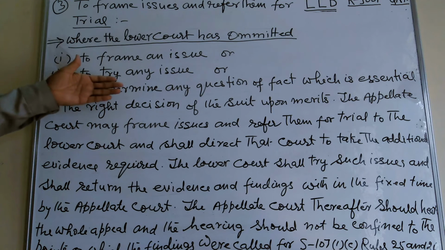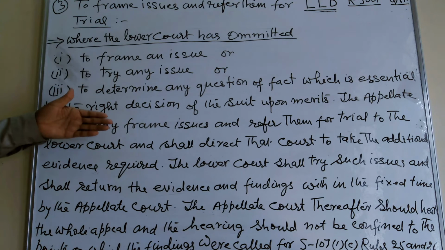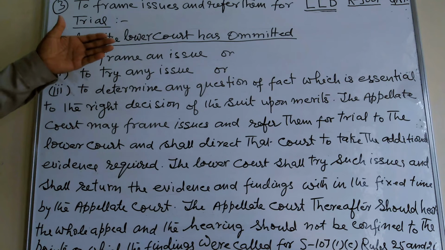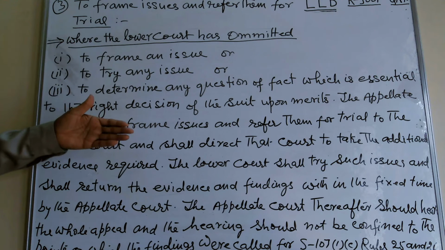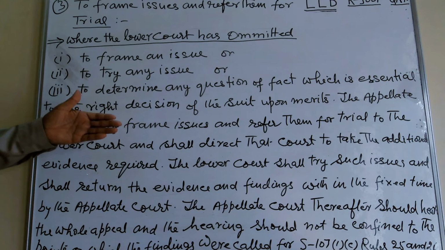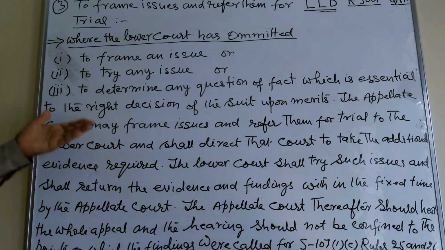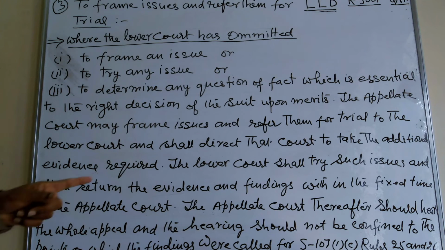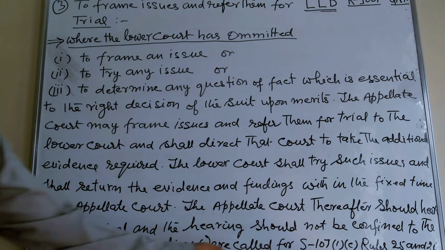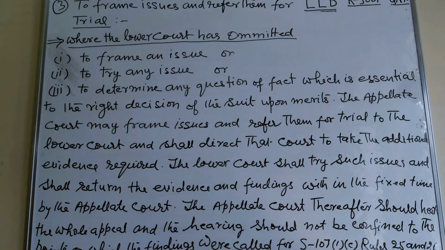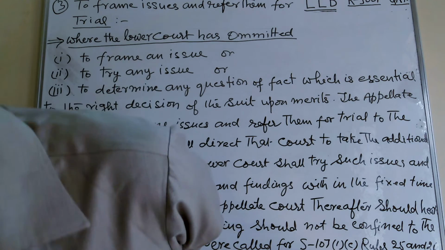If anything has been left by the trial court, the appellate court may direct the lower court to do these things in a proper manner and, after doing so, send the case back to the appellate court, and then the appellate court will hear the appeal again under this section. Now I am taking the fourth power.